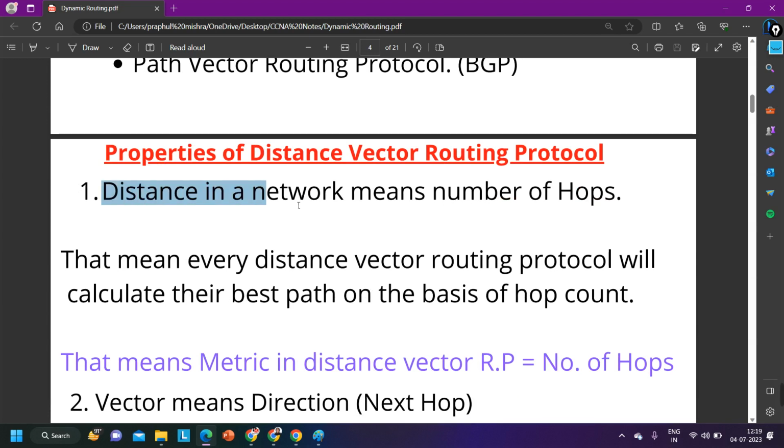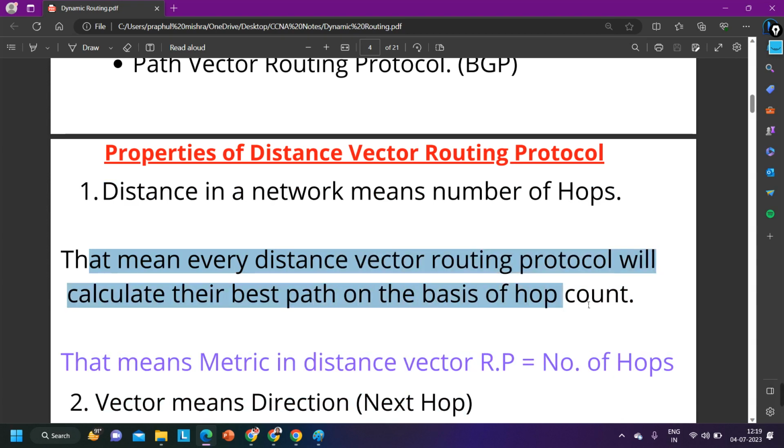Here you can see distance in networking means number of hops. Number of hops means your layer 3 devices, meaning routers. That means every distance vector routing protocol will calculate its best path on the basis of hop count. Yes.